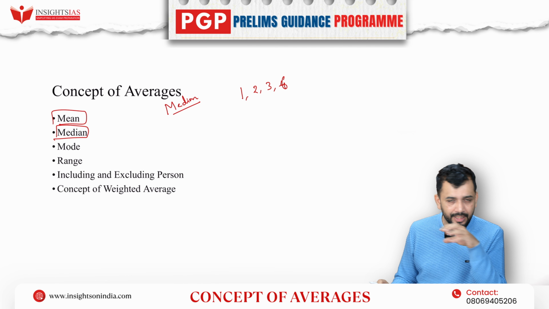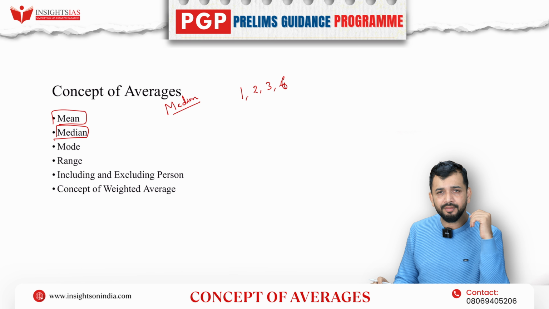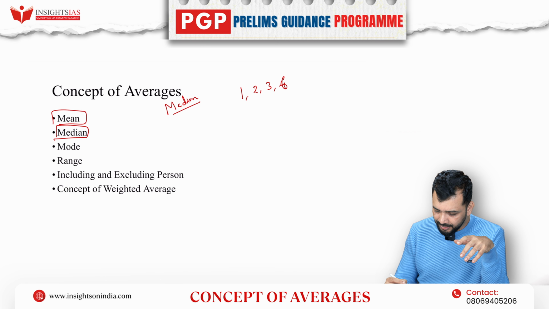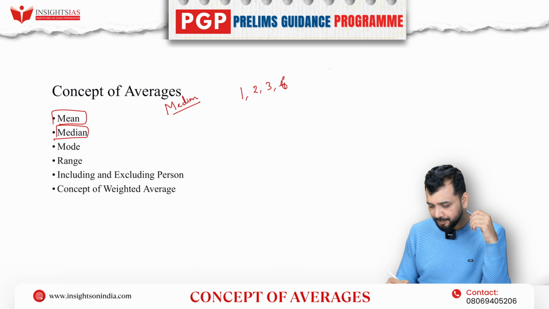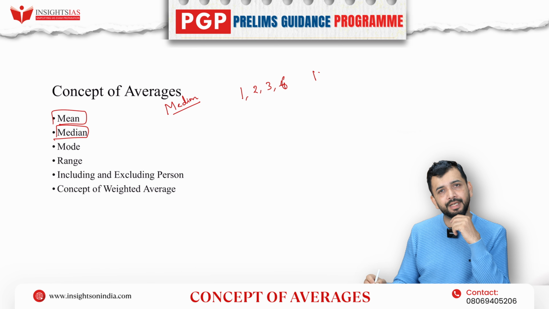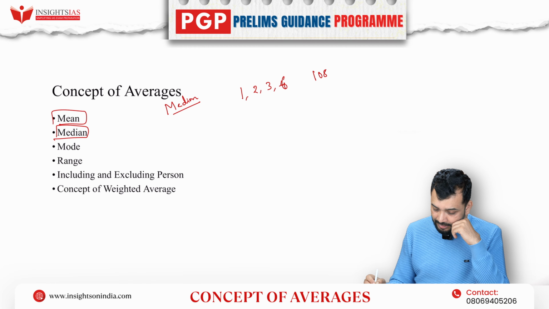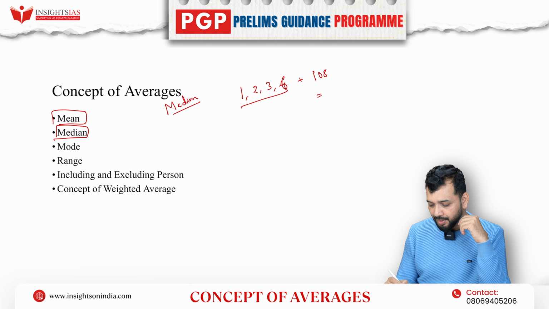Now one fine day he got a very weak team and he somehow played the best match of his career, and let's say he has scored 108 runs. Okay, I'll take it as 108. Right, so now this was 12 plus 108. Total it would have become 120. Total innings is now 5.